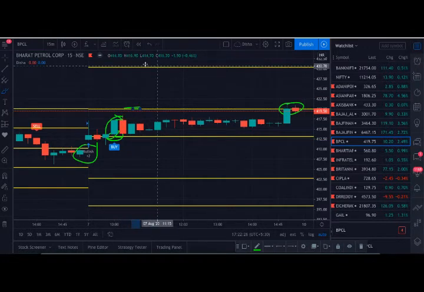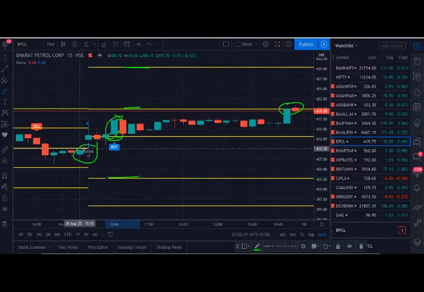The second target you can set as this one, but you can trail as the stock moves. For stop loss, actually the stop loss is this one, but it is too big for the target. So you can take the nearest support level of the previous day. In this case, this is the stop loss.